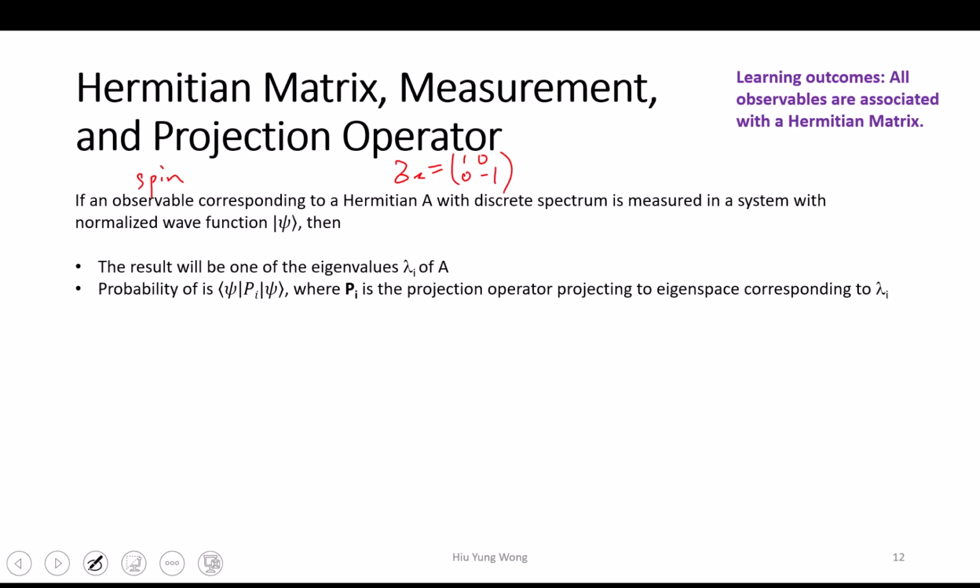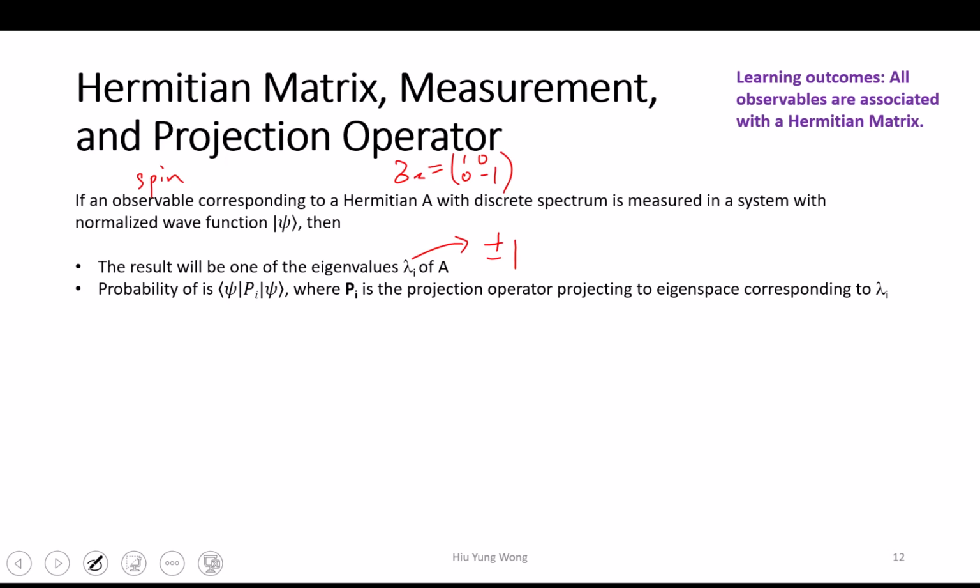When we measure it with some normalized function in the state, the result will be one of the eigenvalues. They basically say that when I measure the spin, the corresponding matrix must be Hermitian, because the eigenvalue we measure must be plus or minus 1, right? You measure the spin is either going up or going down.